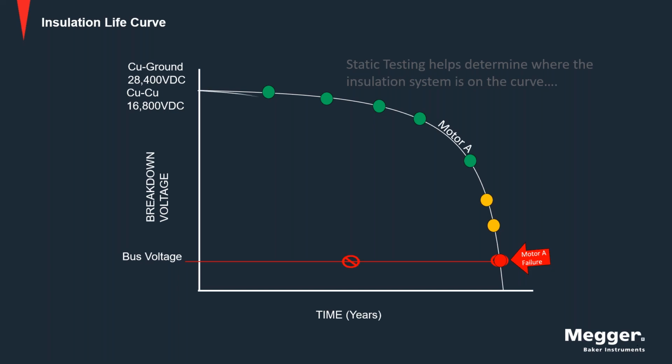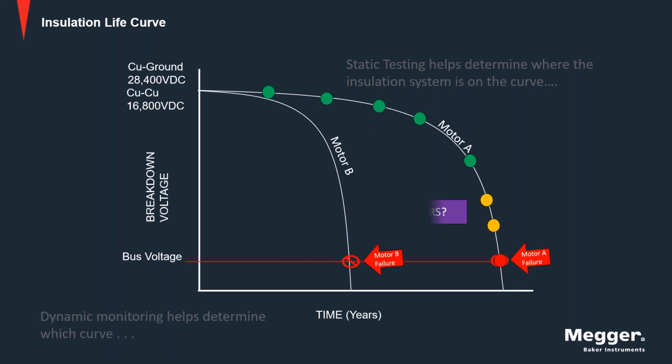Whereas with dynamic, again, we may have this difference between A and B motor, and what makes them different are factors in the environment that motor B lives in. Perhaps it's seeing unbalanced power, or high voltage, or too low voltage. Maybe we're overloading it. All those factors will shift that motor onto a shortened curve. So dynamic motor monitoring helps us determine which curve that motor's on.